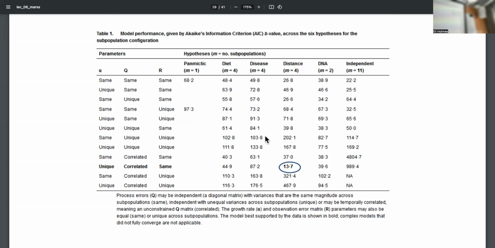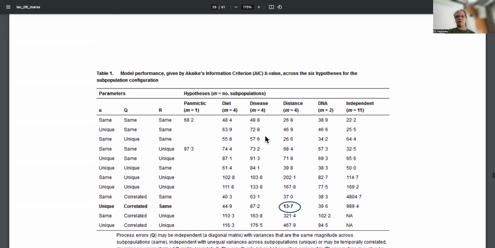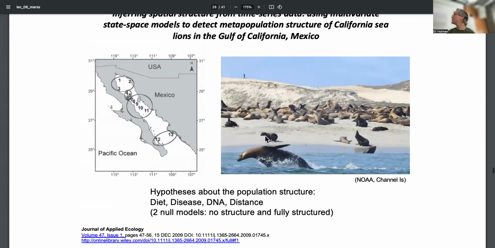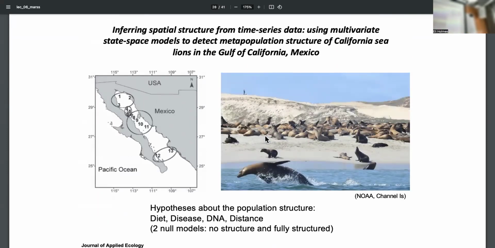So we had those structures, and then we had different types of circles here that would correspond to the different hypotheses. I forget which hypothesis this is. It looks to me like it might be the distance hypothesis. So let's say this is the distance one.